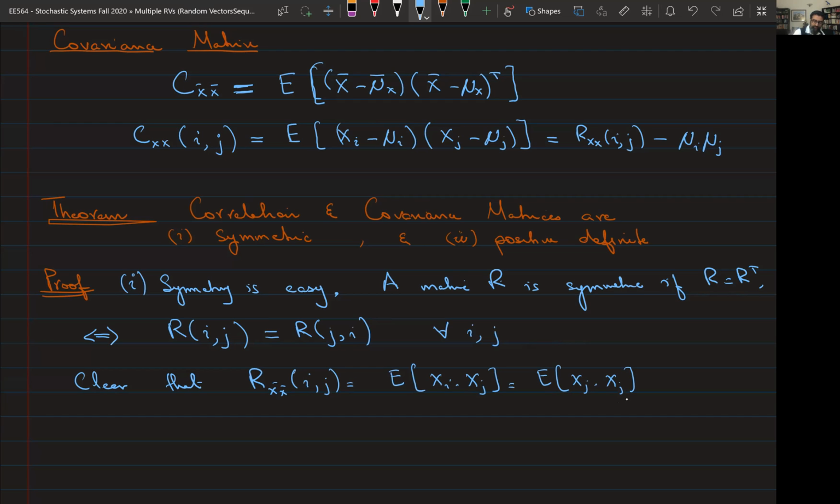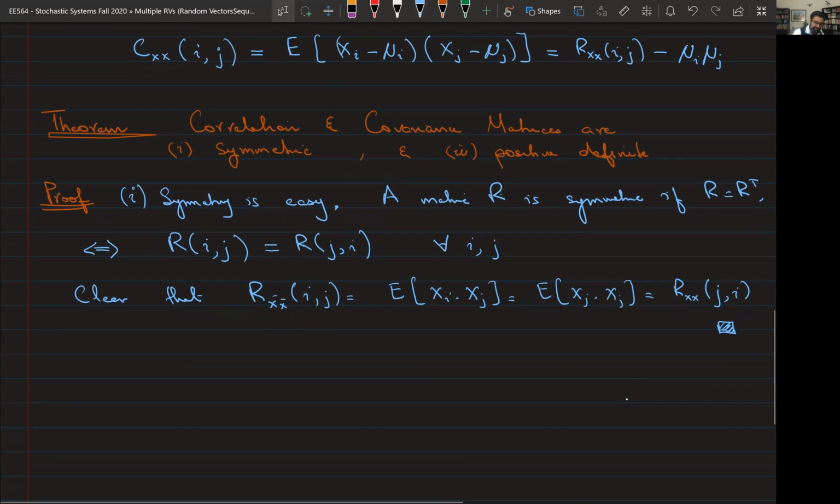Both are equivalent. But by definition, this is R_XX(j,i), which completes the proof. And you can do exactly the similar thing for the covariance matrix as well. I'm not going to do that.